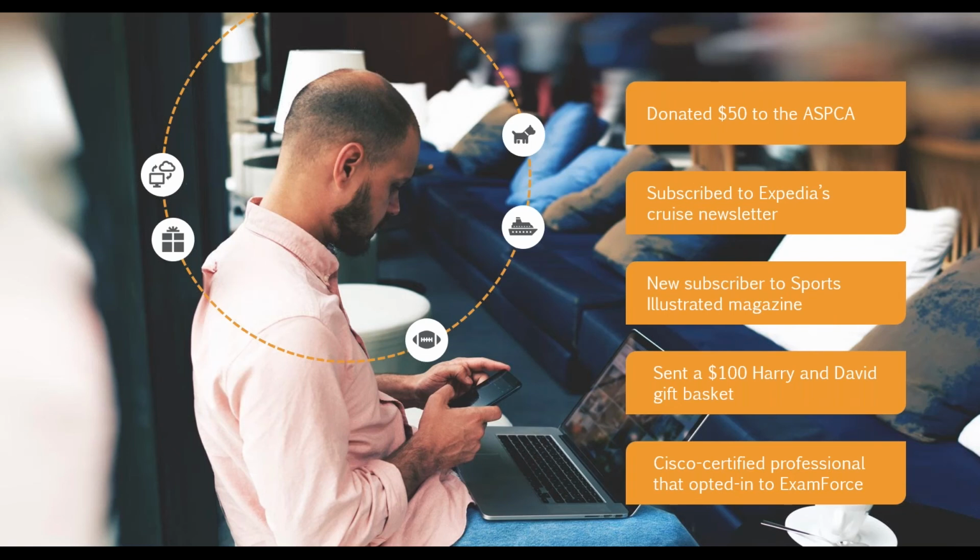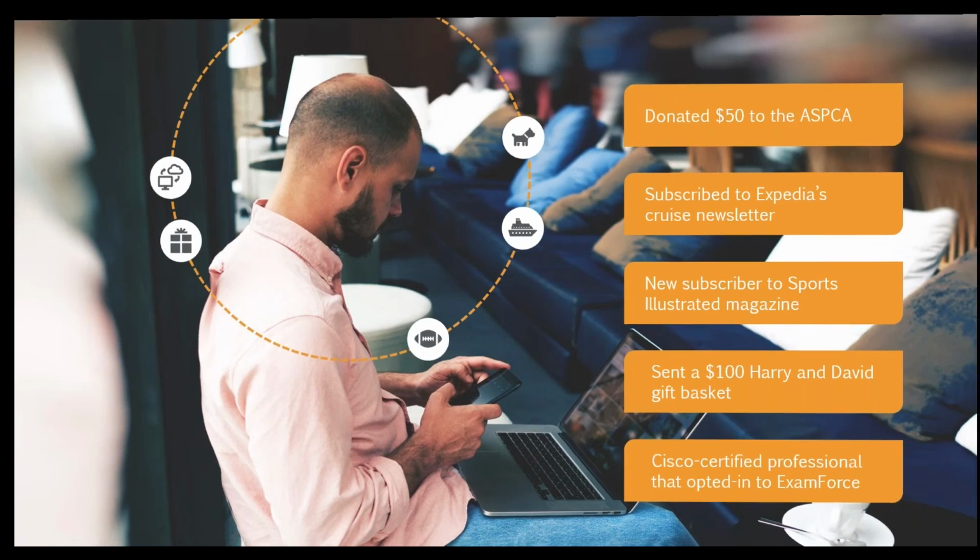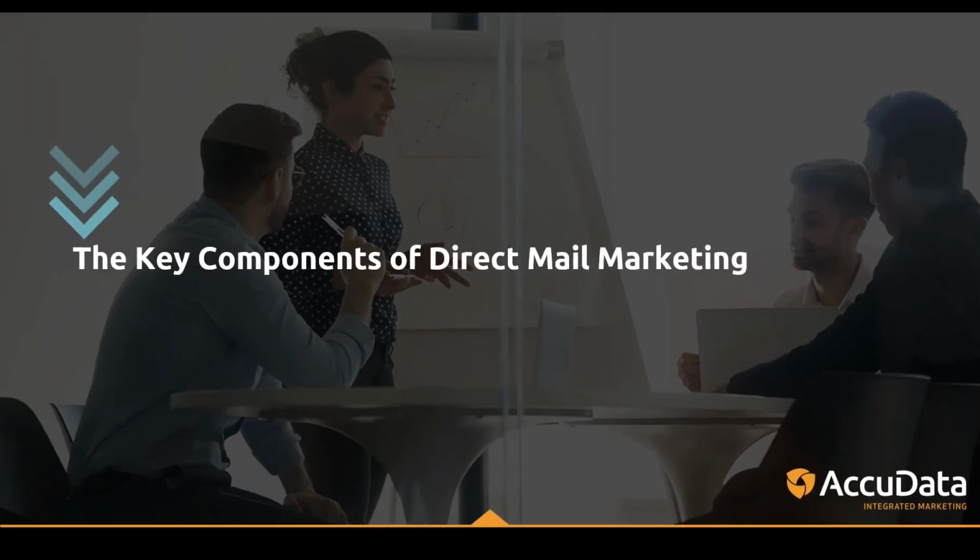I've provided my information to Expedia. I avidly read their newsletter. That's going to be more response-driven, that I've raised my hand, that is something that I want to have more information about and I'm going to read on a regular basis. That's a great example.